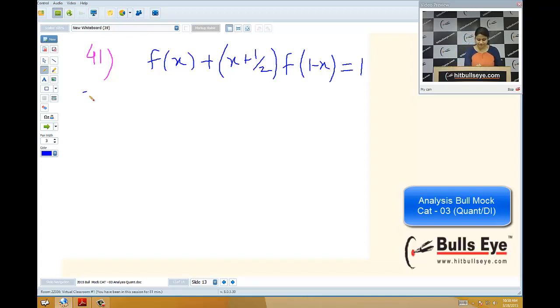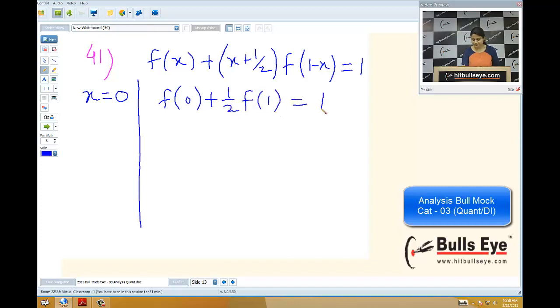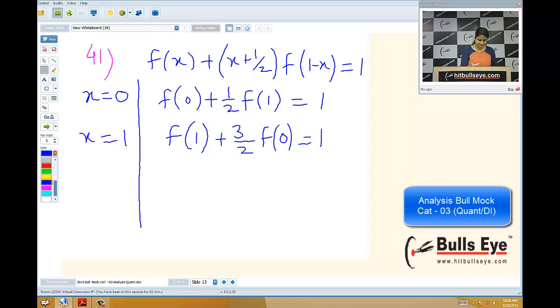If we take x as 0, we'll get f of 0 plus half f of 1 is equal to 1. If we take x as 1, we'll get f of 1 plus 3 by 2 f of 0. Since we have two equations in f of 0 and f of 1, we can solve them and we'll get the value of f of 0 as well as f of 1. Now we can put the values.